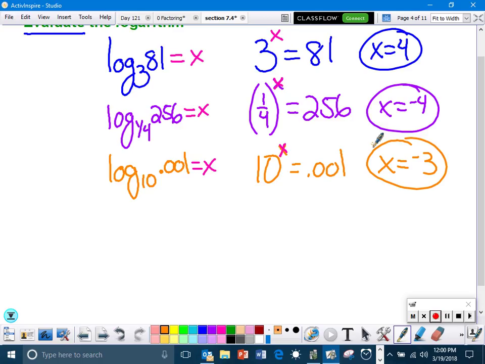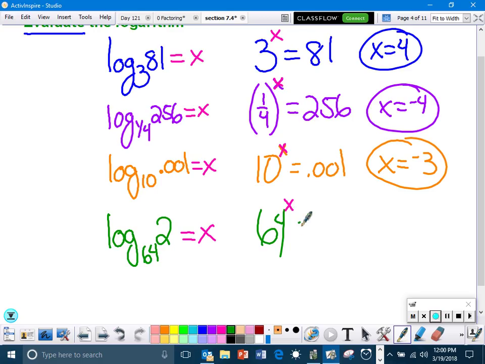All right, one more. So let's take log base 64, 2. I'm going to set that equal to x and rewrite this. 64 to the x power equals 2. Now I'm going from a large base to some power equals 2. It's not a fraction, so I'm not crossing the line and changing the sign. The sign did not change here, so it's going to be a positive exponent.